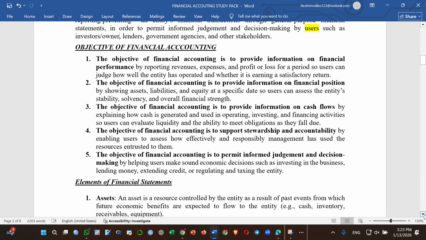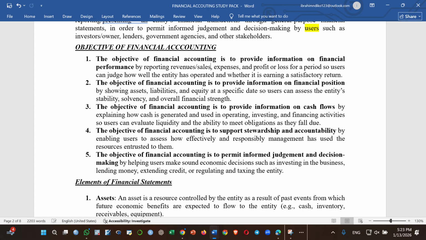Number one is about financial performance. So the first objective of financial accounting is to provide information about the financial performance of the company. And how do we achieve it? By looking at the income statement. So we check our revenue or our sales. Revenue and sales go hand in hand.